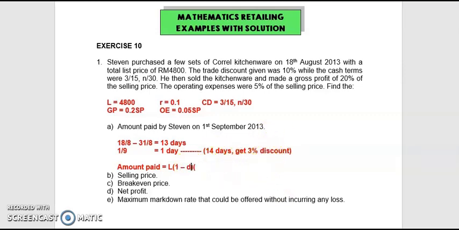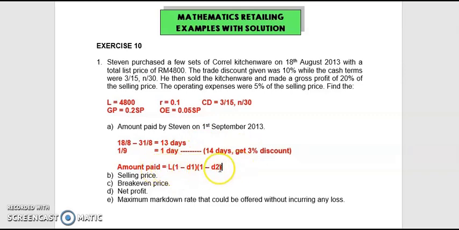Let's say I put here D1, okay? And here 1 minus D2, D2 referring to cash discount here. So any other costs involved, such as transportation costs or sales taxes? In this question, there is no other cost incurred, so no need to add or minus the cost from the original list price.